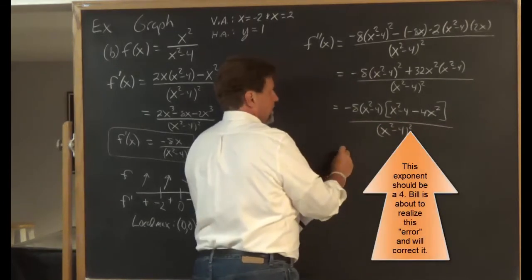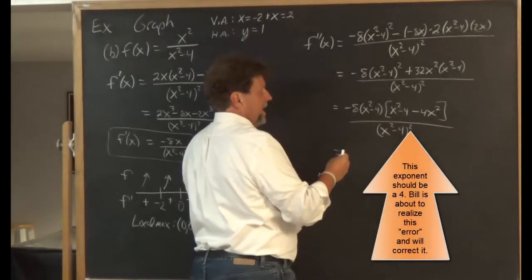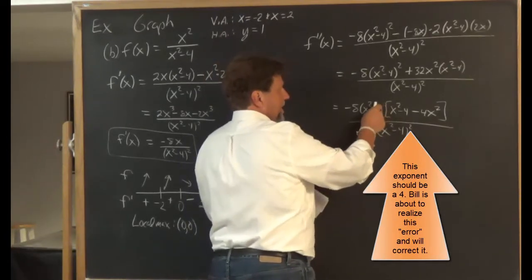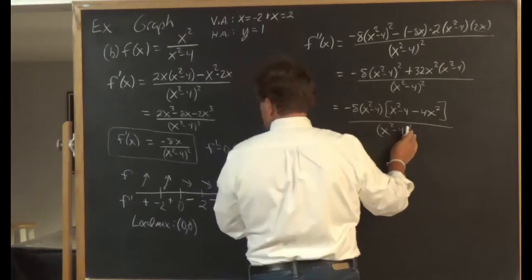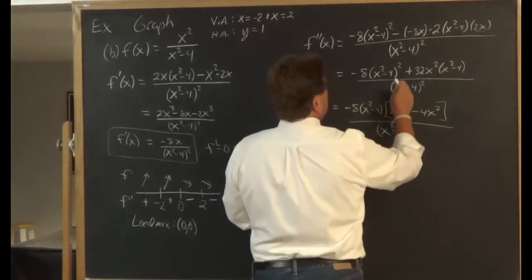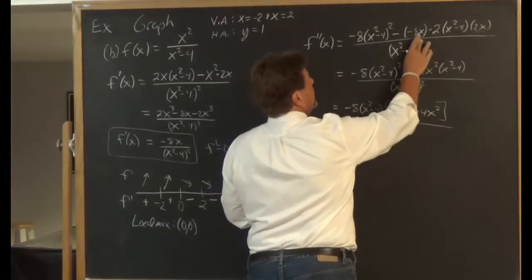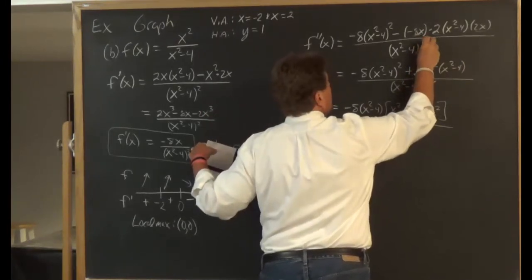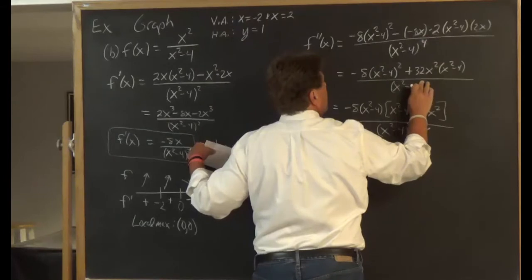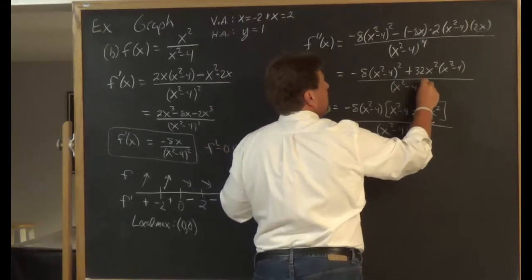Well, you know what? I can continue simplifying. Notice how I could take this x squared minus 4 and cancel it with, you know what? I said it, but I didn't write it down. When I differentiate the first derivative, this should be a fourth power. I'm sorry, I know I said it, but I didn't write it down.